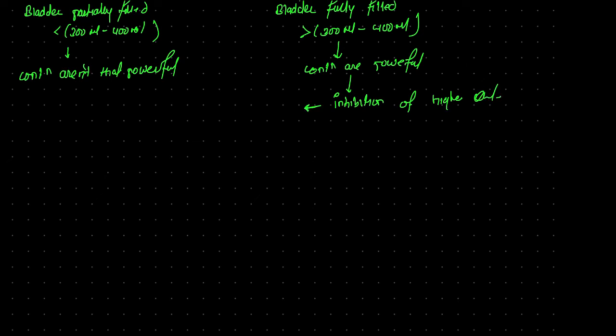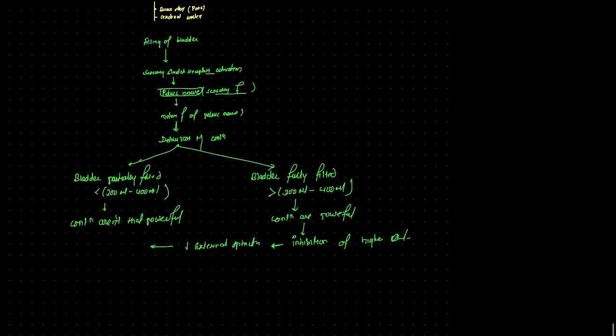It will cause inhibition of the external sphincter. Before that there is already contraction of the detrusor muscle, but it was not enough in the partially filled case, while it was enough in this case.